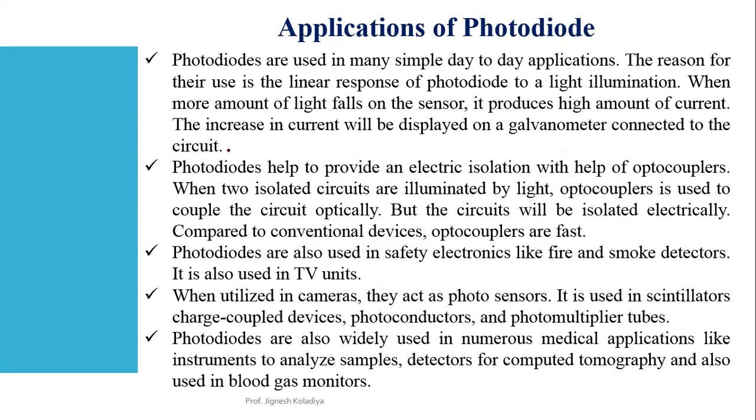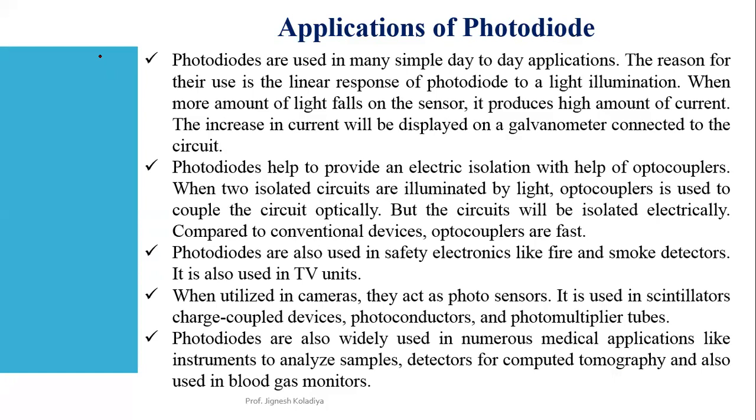Then we have applications of photodiode and where you can use it. Photodiodes are used in many simple day-to-day applications. The reason for their use is the linear response of the photodiode to light illumination. When more light falls on the sensor, it produces a higher current.